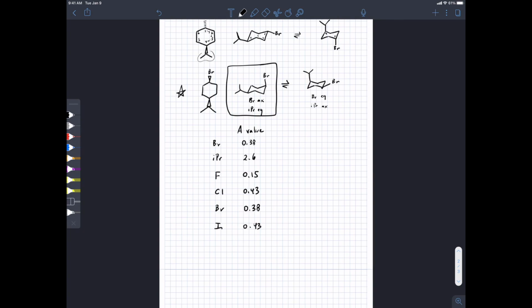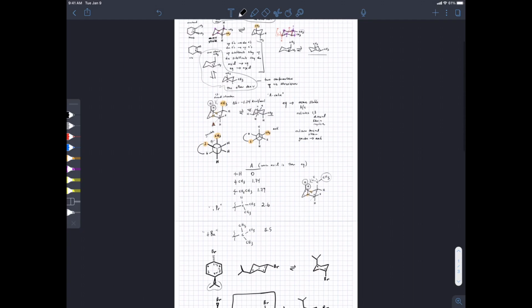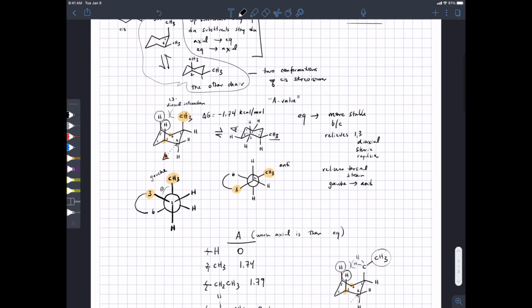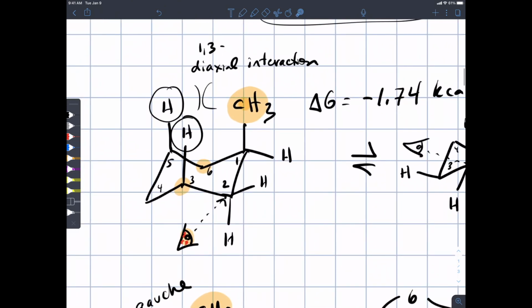What you've got going on here is, true, you have increasing size, but you also have increasing bond length. So if we go back to what makes the equatorial conformation better than the axial conformation, you can imagine that if you increase this distance here, the 1,3 diaxial interaction should matter less.